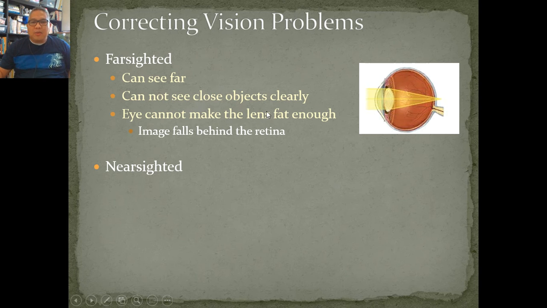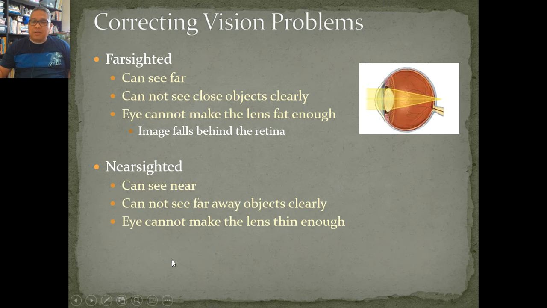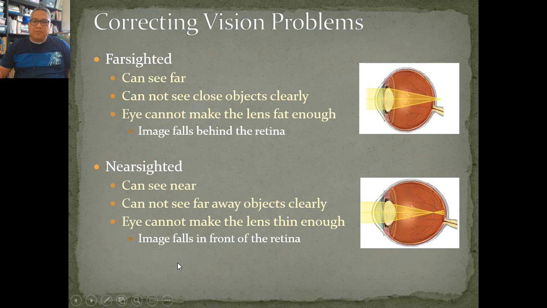Farsighted people cannot see close objects clearly. I cannot make the lens fat enough, so the image falls behind the retina. So you see here, the focus is beyond the retina. What you need is a pair of glasses that will correct this, so the focus will hit the retina. Nearsighted people can see near things but cannot see faraway objects clearly, and I cannot make the lens thin enough, so the image falls in front.